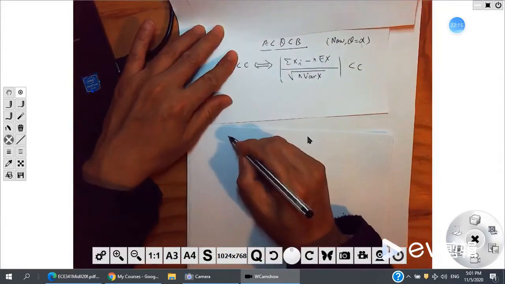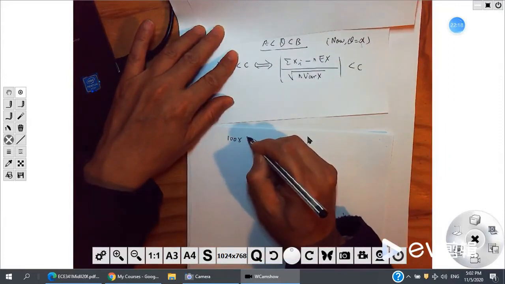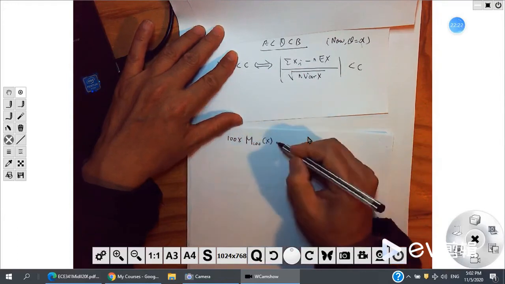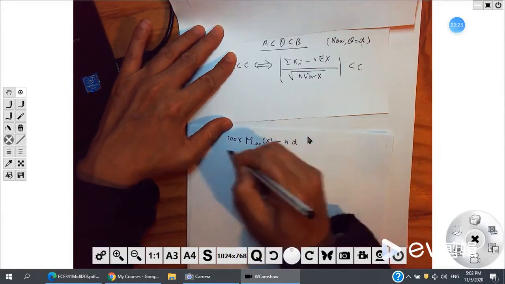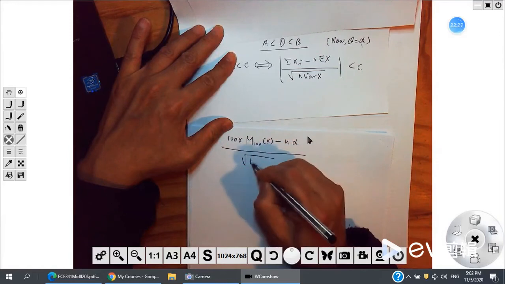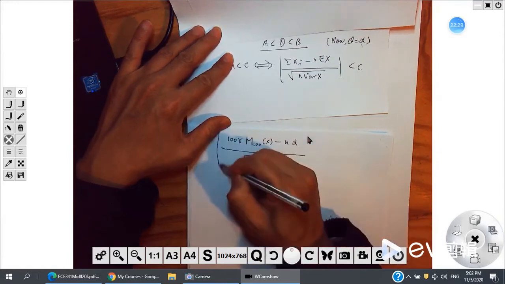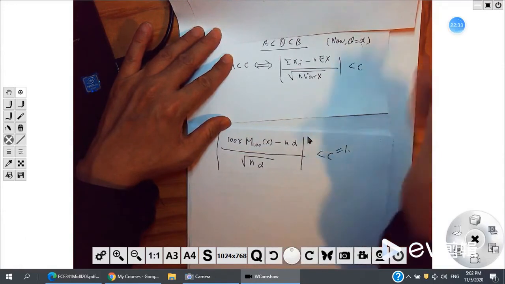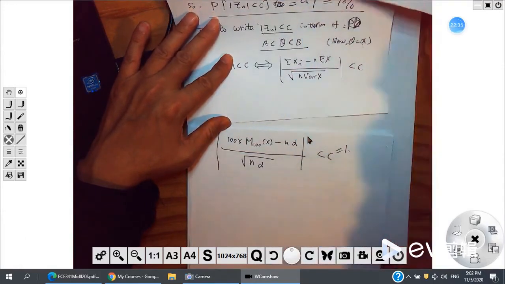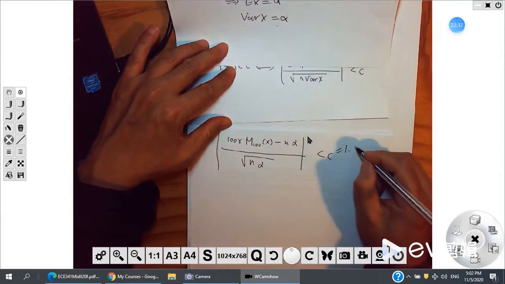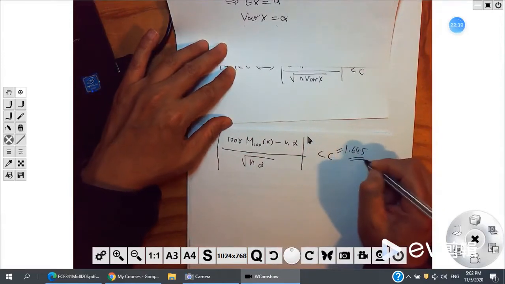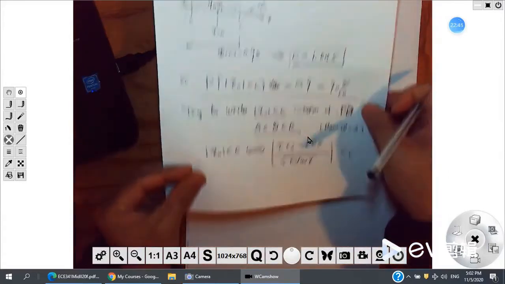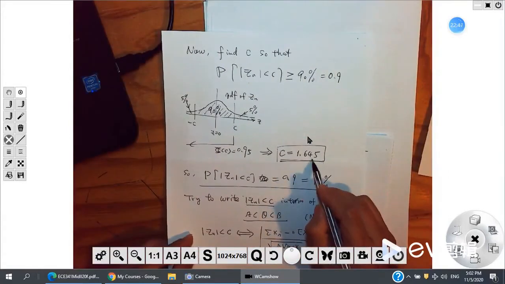This is the sum of the 100 Xi minus n alpha over the square root of n alpha, absolute value smaller than C. C is 1.645. Right, we just get it from the table.